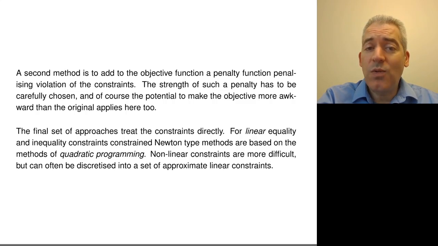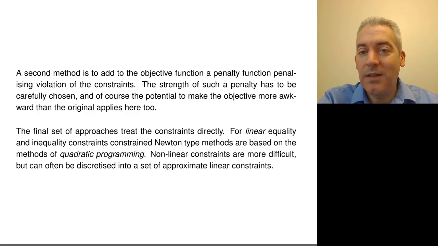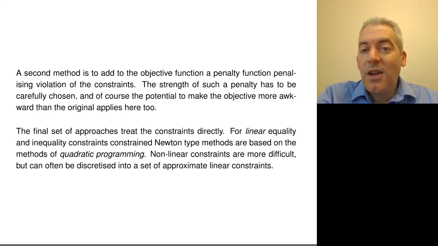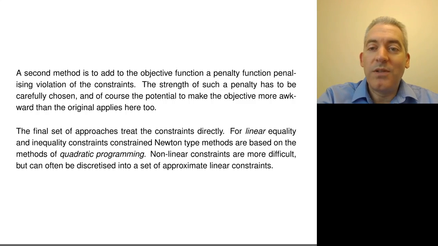But again, it's quite delicate because you've got to really carefully choose the penalty. You don't want to make the objective function more awkward, and in fact, you nearly always end up making the objective function more awkward because, for example, in the non-negative case, you'd like to add a big step at 0. So that as soon as you jump beyond 0 to negative values, your objective function jumps up.